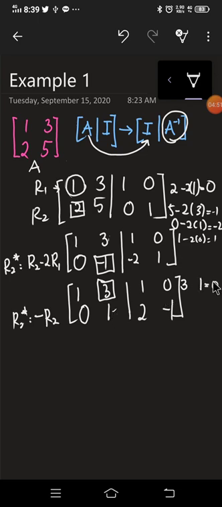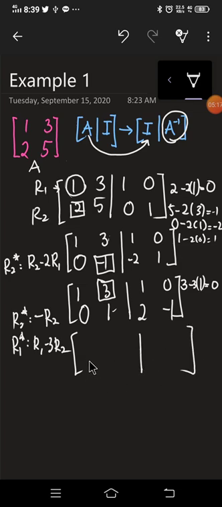To get 0 from 3, it should be 3 minus 3 multiplied by 1. So the new first row is row 1 minus 3 times row 2.